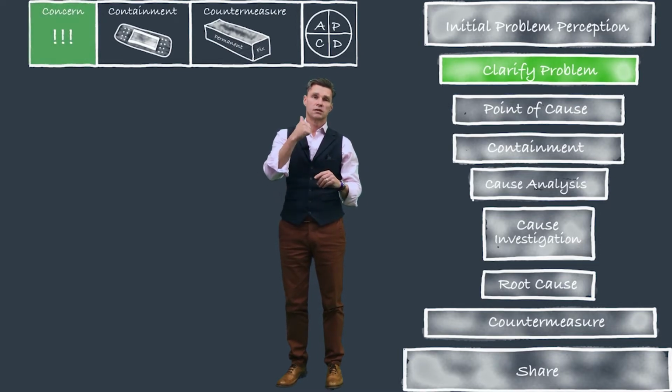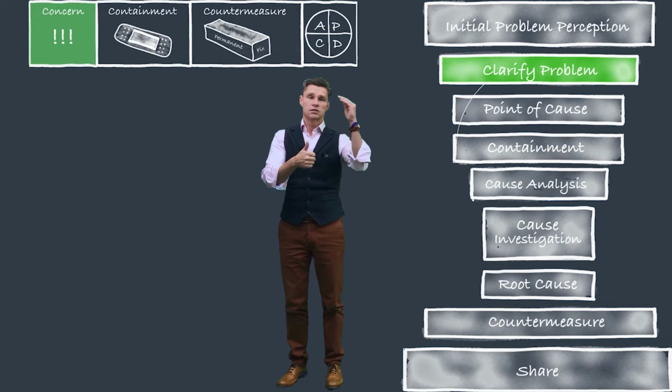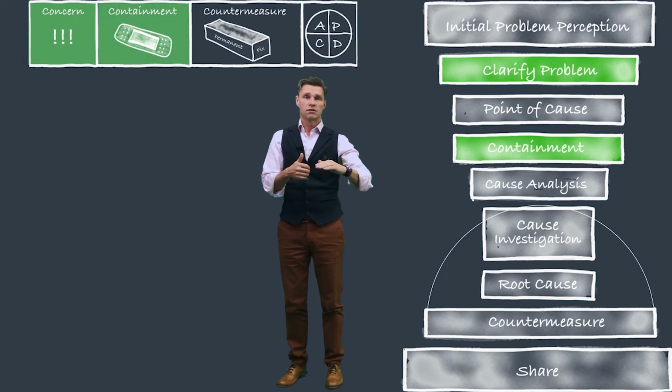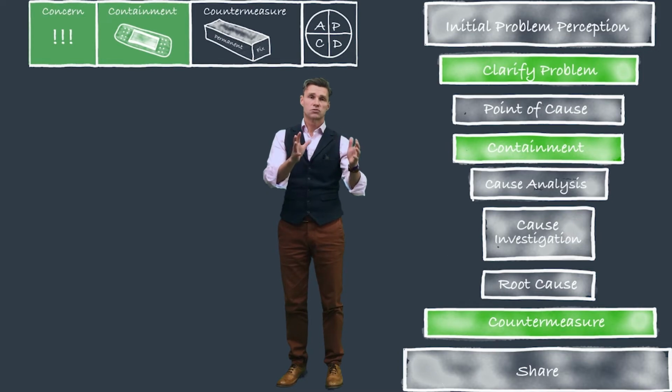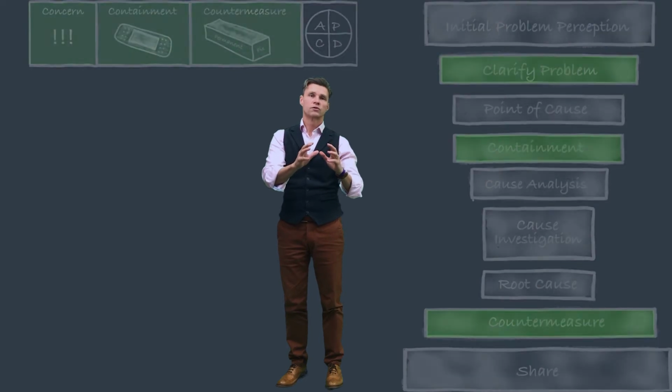So we take the concern, which you can see sits at the top of the 7-step methodology, followed by the containment action, and then the countermeasure. So these 3 aspects are what we take out of the 7-step to help us solve simple problems in a more rapid way.